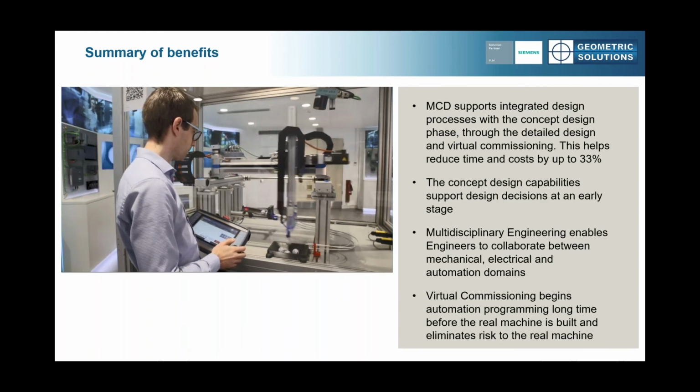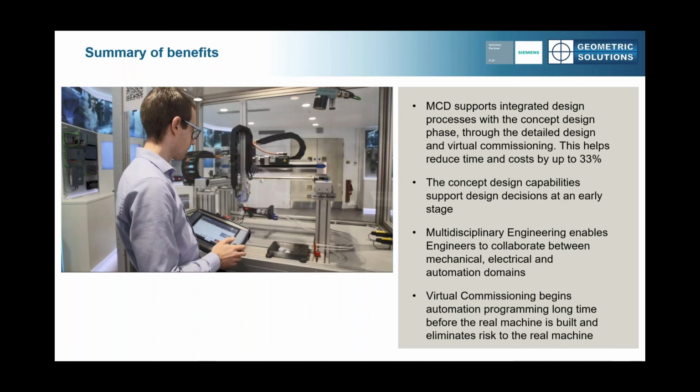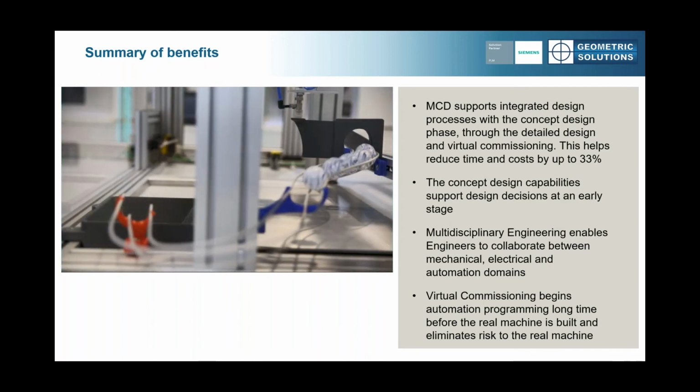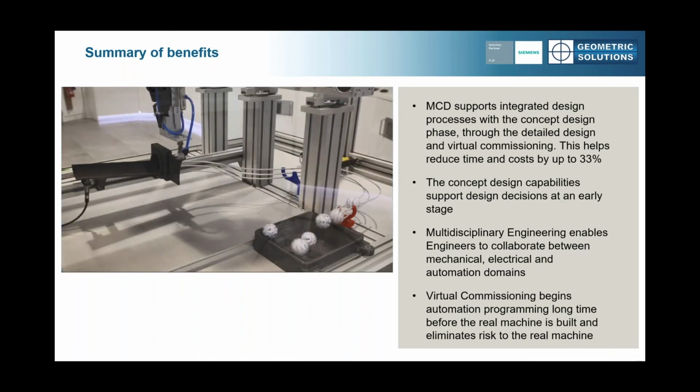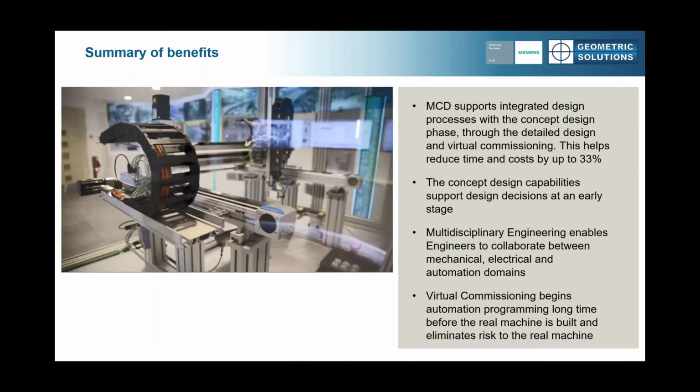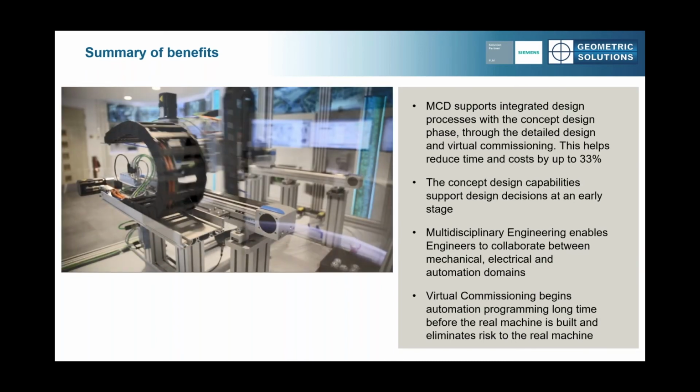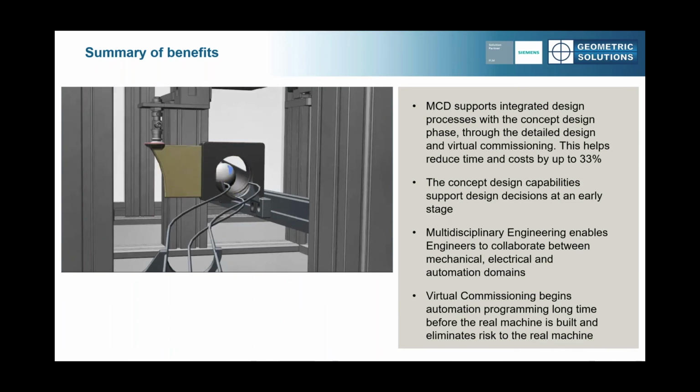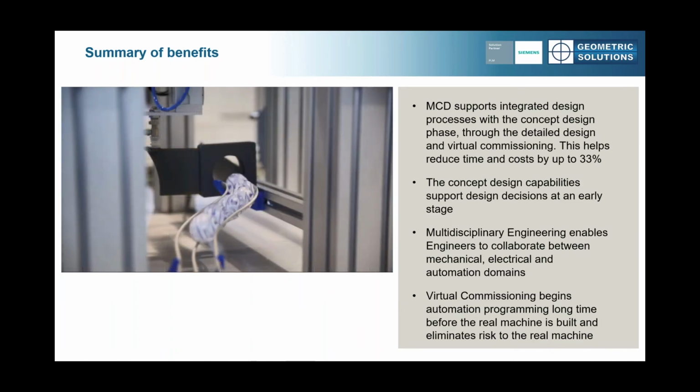And in doing so, we can have mechanical, electrical, automation, they can all work together. And then as we said, having virtual commissioning, we can test our machine, test the code ahead of time to make sure that the machine that we're making, that it's going to do exactly what we want it to.